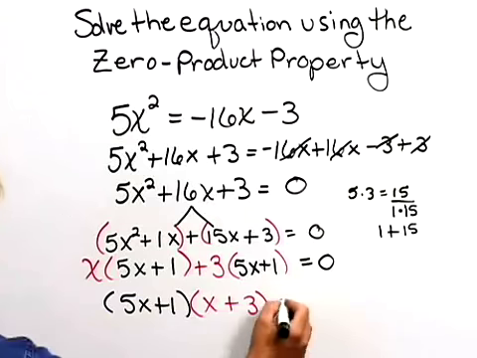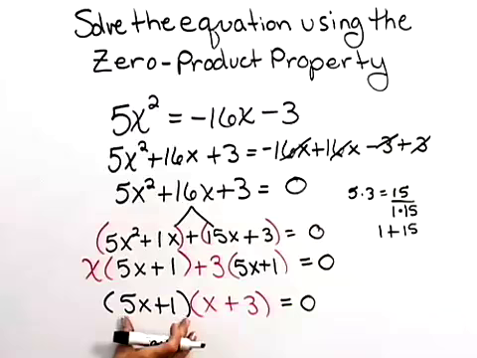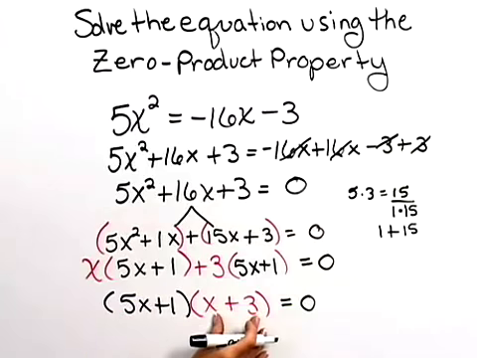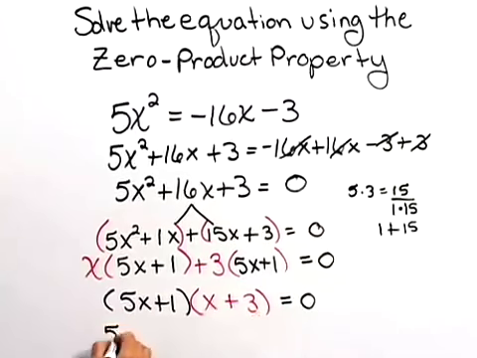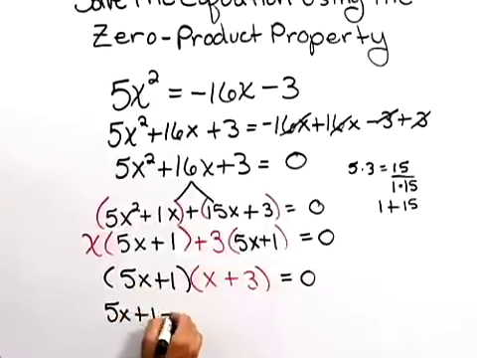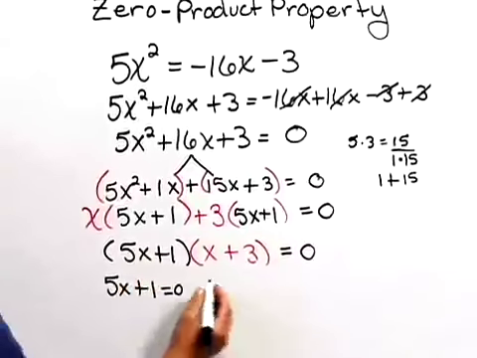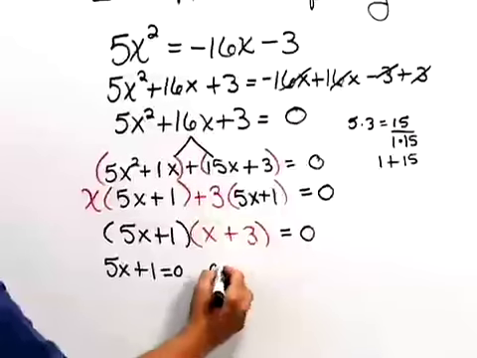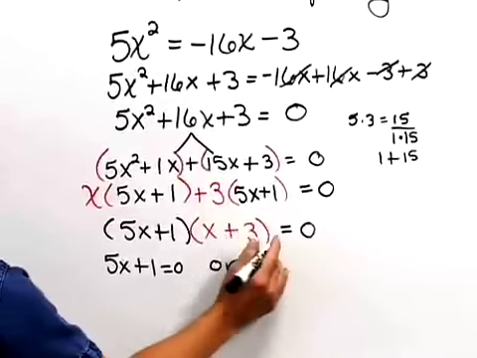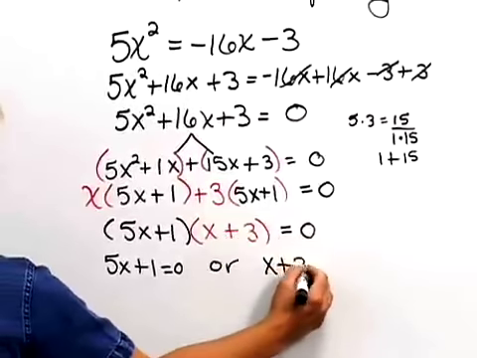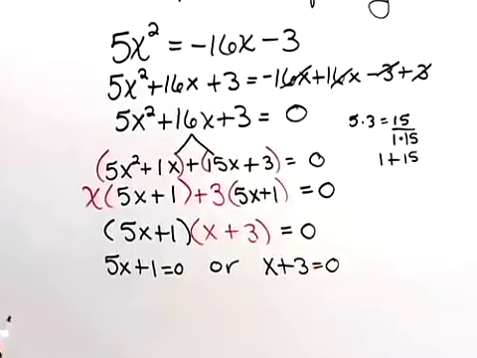And that equals 0. Now, in order for this to equal 0, either this is 0 or that is 0. So we're going to set 5x plus 1 equal to 0 and then solve it. That will give us one answer, or the other possible answer would be x plus 3 equaling 0.